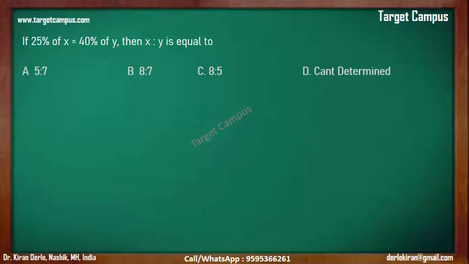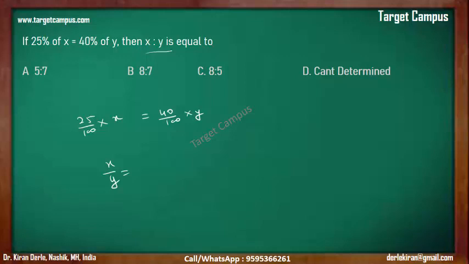If 25% of x is equal to 40% of y, then x as to y is quite basic. See here, 25% of x is equal to 40% of y. What is x as to y? X as to y can be written as x upon y. So we have x here, and y has gone to this side, so it got divided.